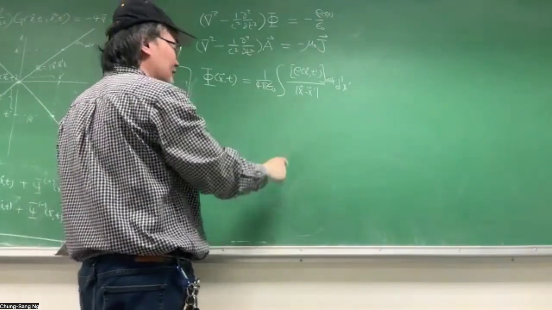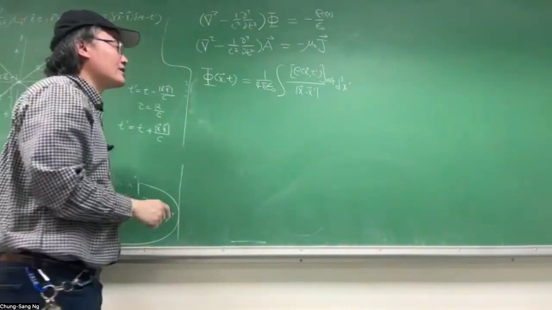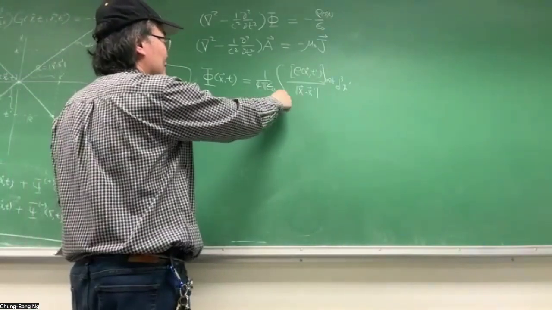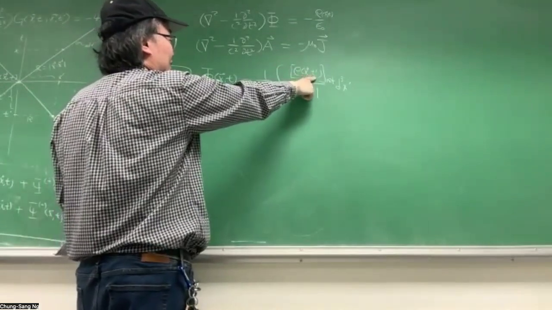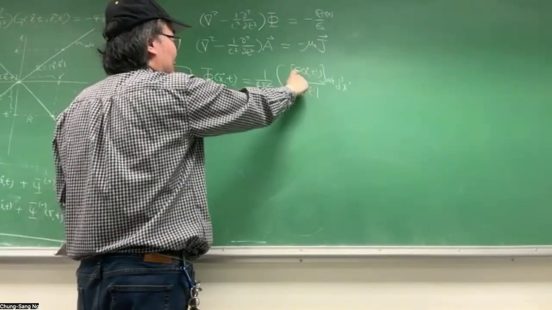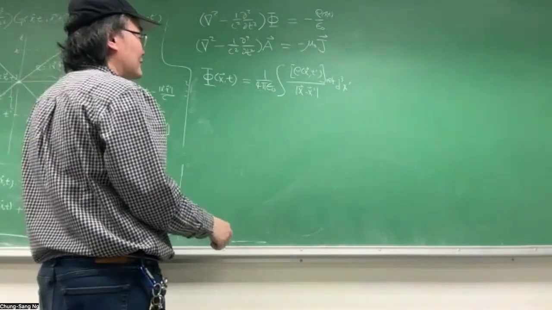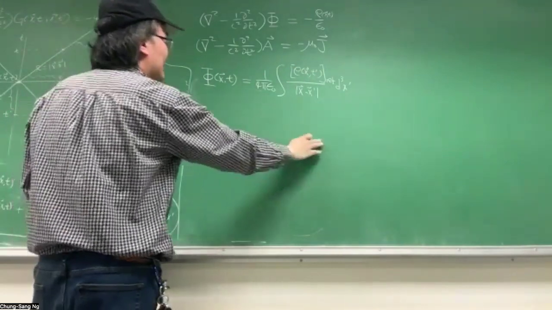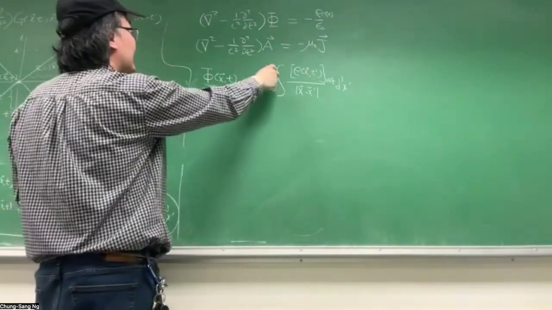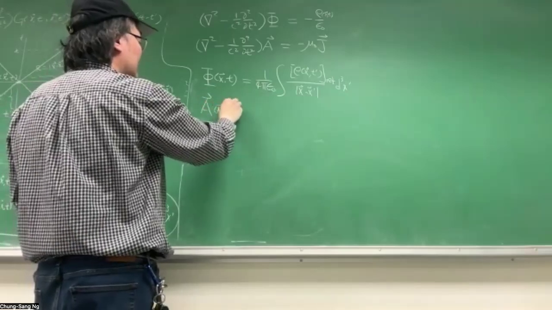And you see that this is very similar to the electrostatic solution that we learned last semester. In the electrostatic case, it doesn't depend on t, so rho becomes just a function of x, and you can get rid of this retarded bracket, and that is exactly the solution that we found for electrostatics. So that is what you expect. And the vector potential will be similar.